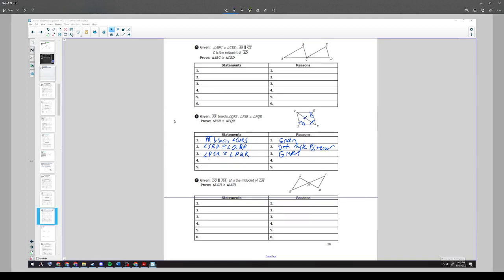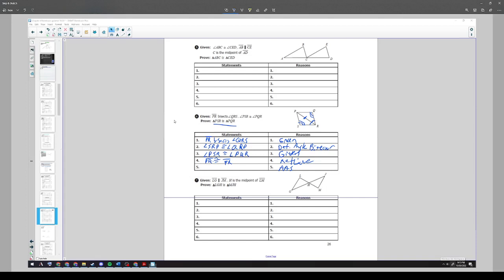So we have PR is congruent to itself, PR, by reflexive. And then our finish will be AAS, will be our reasoning for the triangles being congruent. This should be the order they're named in, obviously, so we can kind of just copy that.